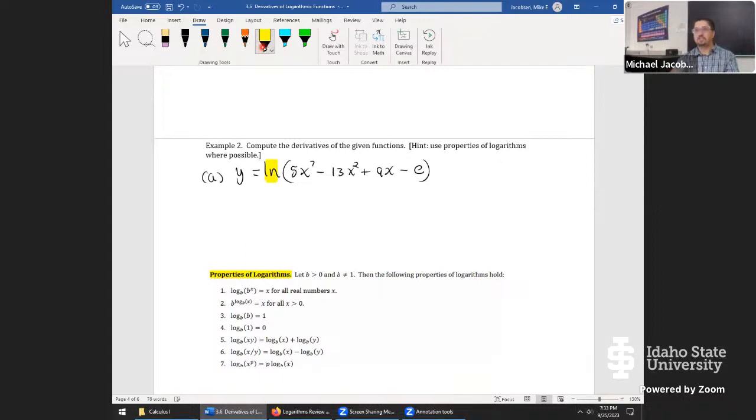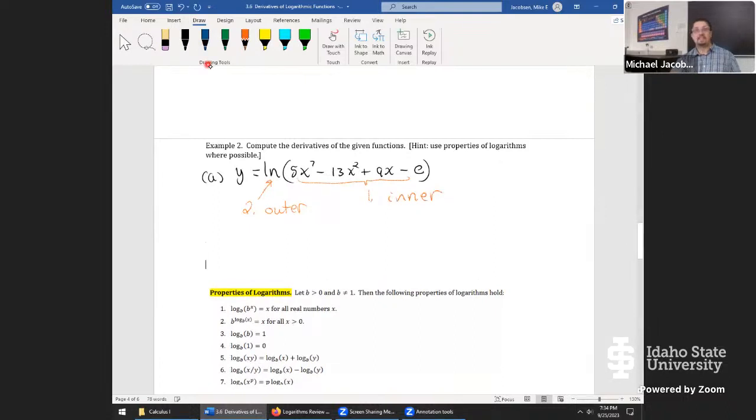Sorry, I forgot this natural log right there. So for differentiating that function, we just need to know what the natural log does, because that natural log, that's going to be our outer function. All of this stuff inside, that'll be the inner function.